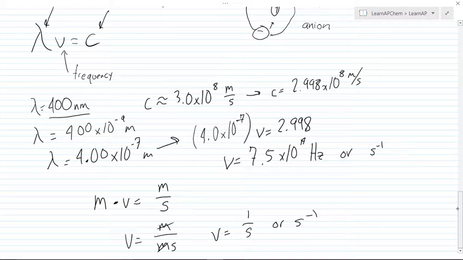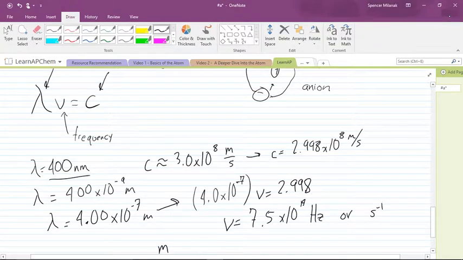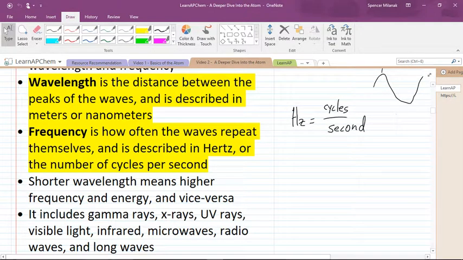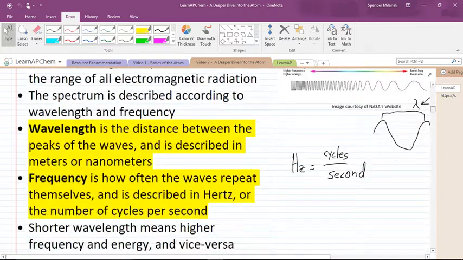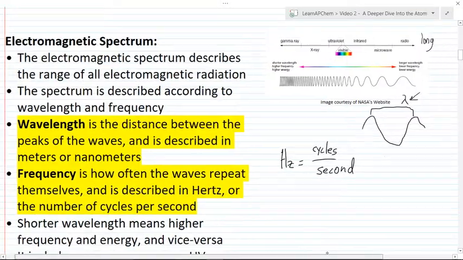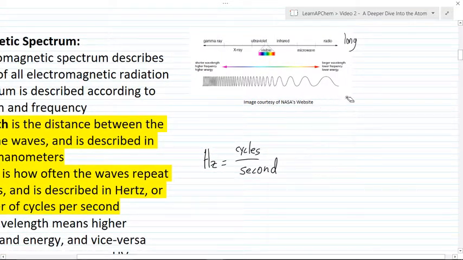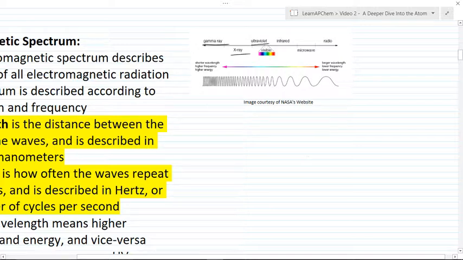I'll talk about this again. I talked about the electromagnetic spectrum in the second video, and I have this image here, courtesy of NASA's website. You might be wondering, do I have to memorize gamma ray, X-ray, UV, visible light?